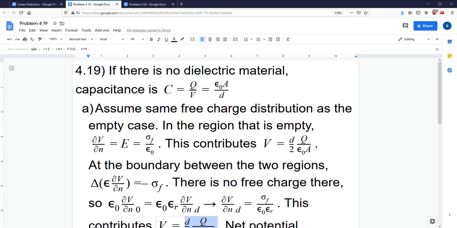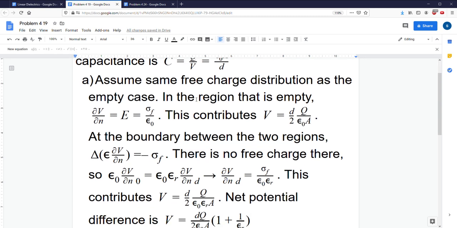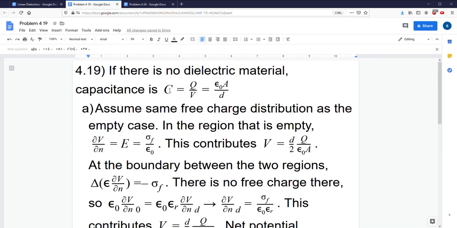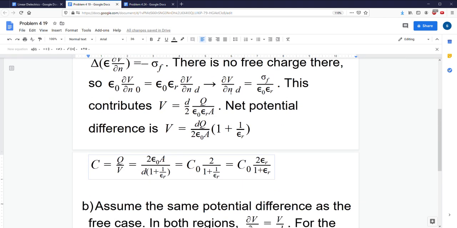Now let's go back to our definition of capacitance. Capacitance is equal to Q over V. So Q divided by this V gives us this formula here, 2 epsilon naught A over D times 1 plus 1 over epsilon R. If you recall that the original capacitance was just epsilon naught A over D, we can pull that out, call that the original capacitance, and say that the original capacitance changes by this factor, after a bit of algebra.